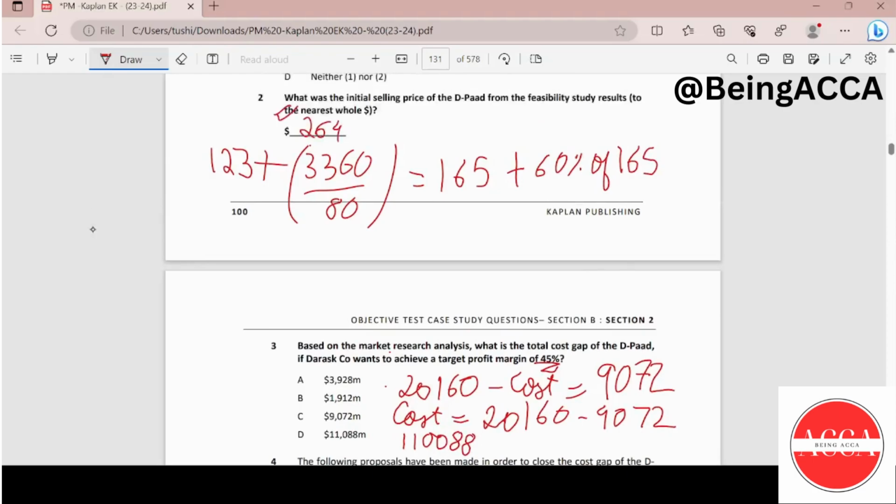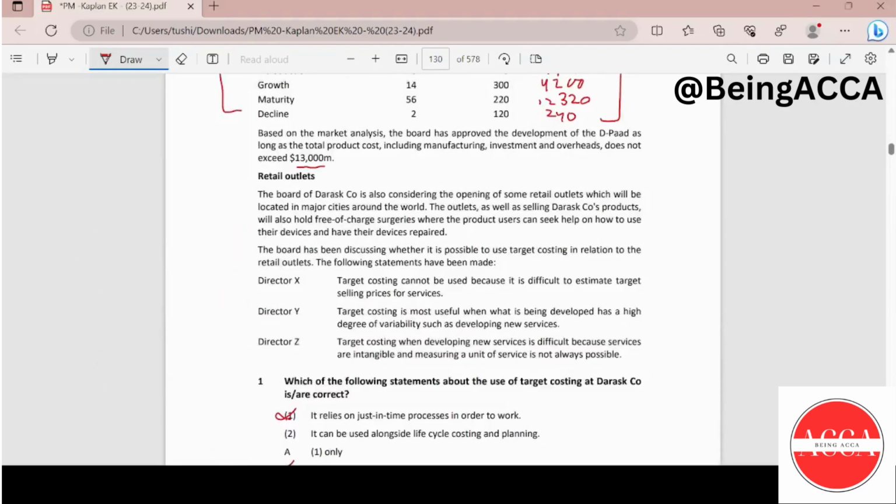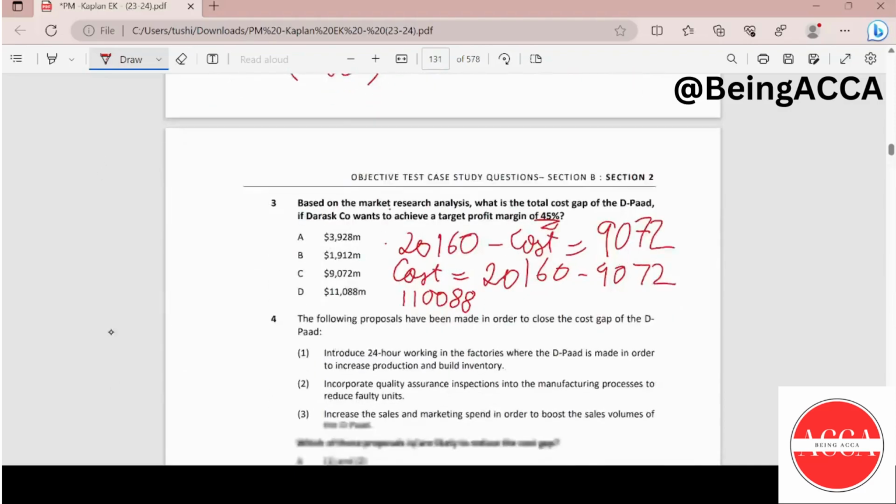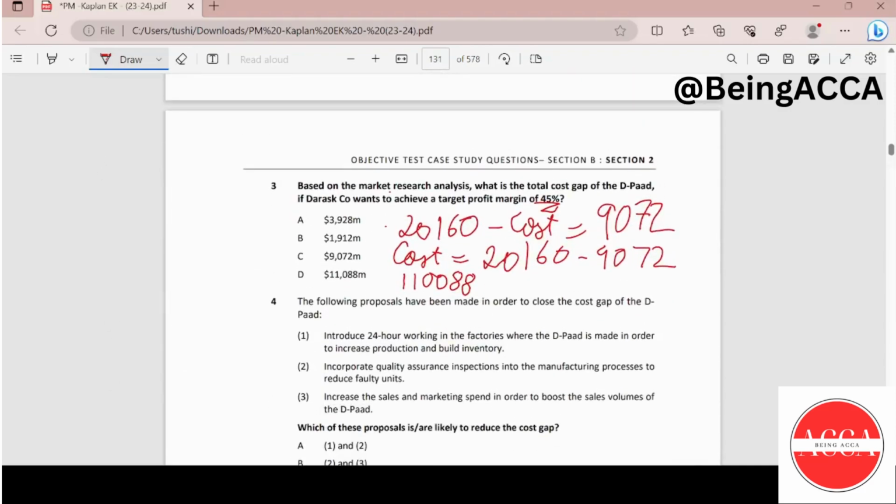And right above it is mentioned that the board will approve the DPAD as long as the total costs are 13,000. So right now we have estimated our cost to be 13,000, and if we want to achieve this profit of 45%, our cost should be this much.